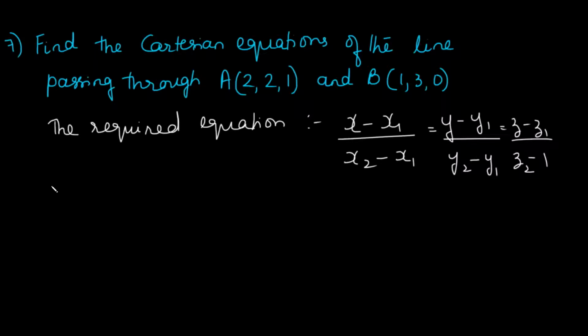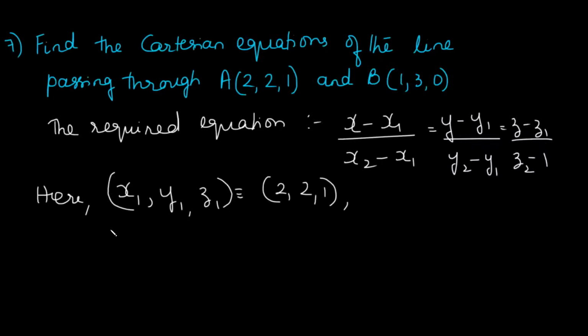This is the required equation. Here x1, y1, z1 is the first point, which is A, that is 2, 2, 1, and x2, y2, z2 is given by point B, which is 1, 3, 0. And therefore we have the required equation.